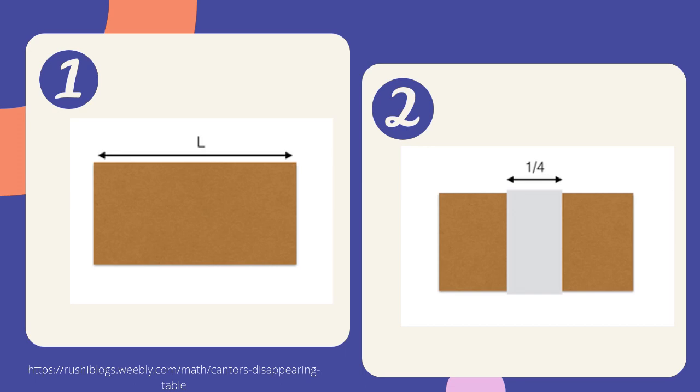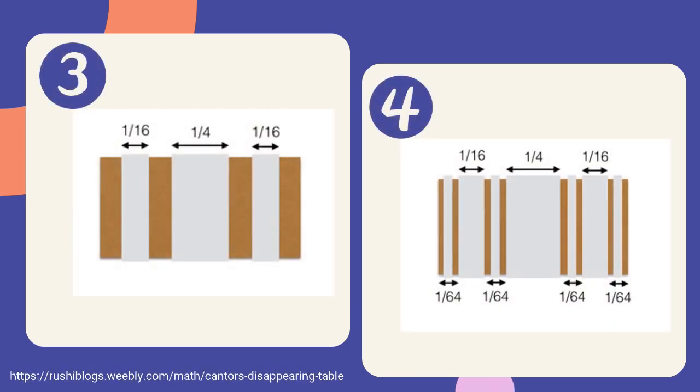And then let's remove 1/8 of the table by removing 1/16 from each of the remaining sides. Remember that 1/8 is equal to 1/16 plus 1/16.